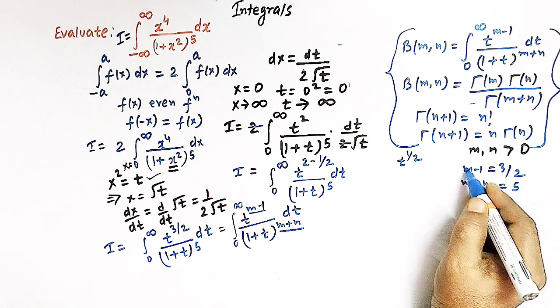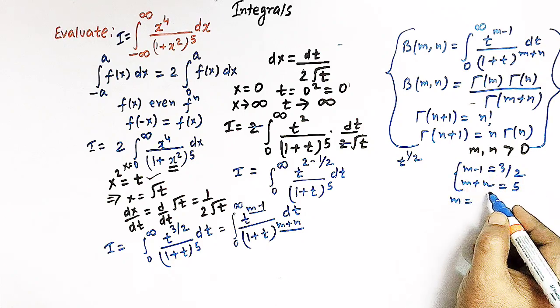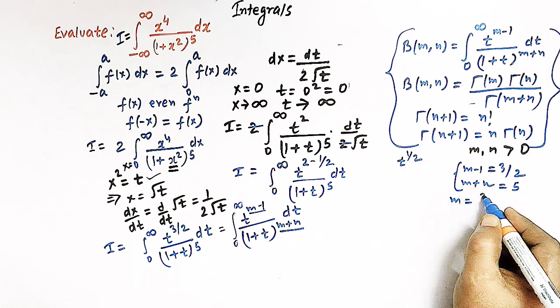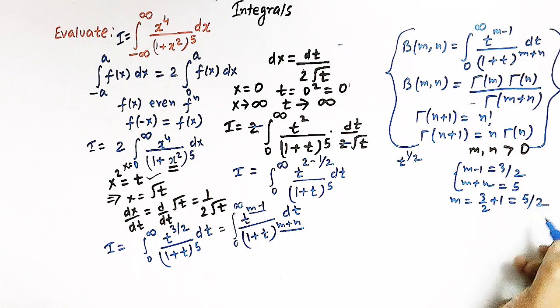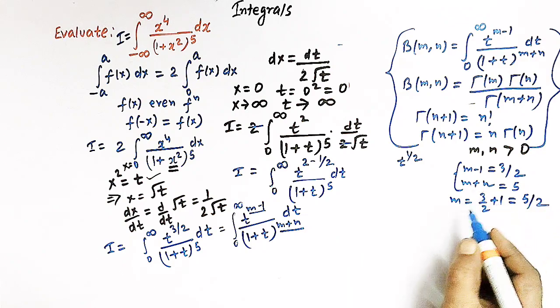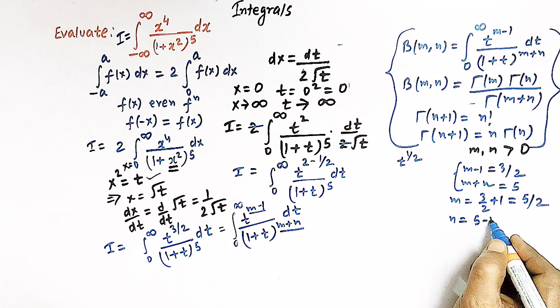So we have here two equations, and we can find out the values of m and n, and m is 3 by 2 plus 1, that is 5 over 2, and from here we can find out the value of n, that is 5 minus m.